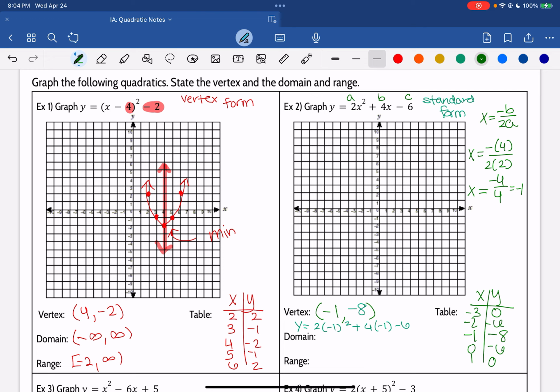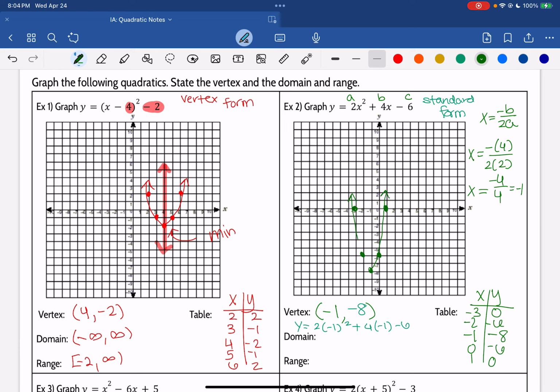Okay, got my points. Now I can just plot them. So negative 3, 0. Negative 2, negative 6. Negative 1, negative 8. 0, negative 6, and 1, 0.